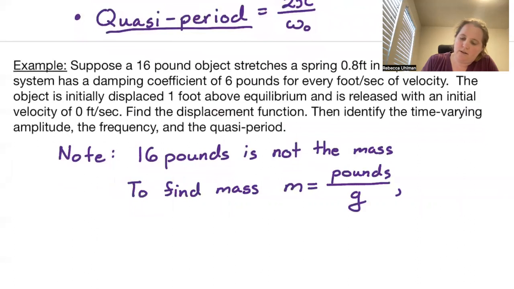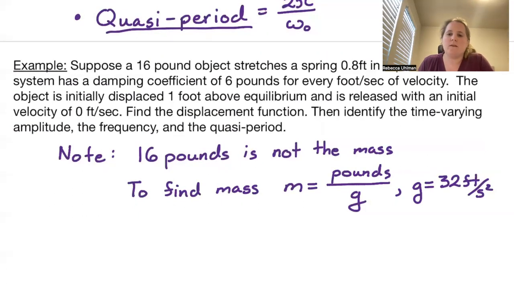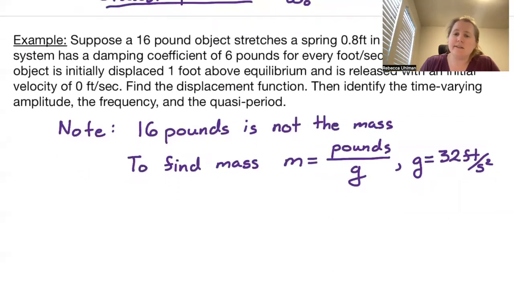Here, g is 32 feet per second squared. And this will give us the mass in slugs.